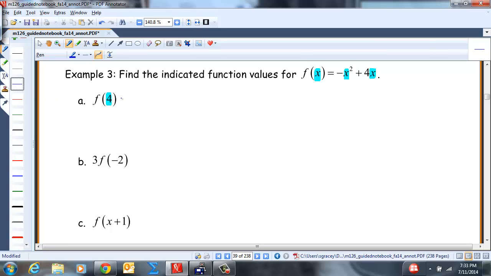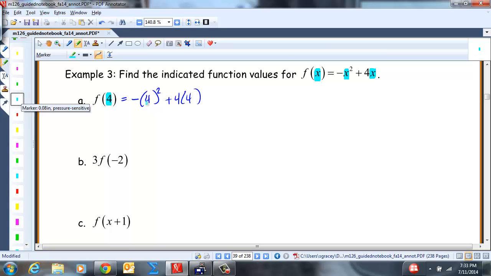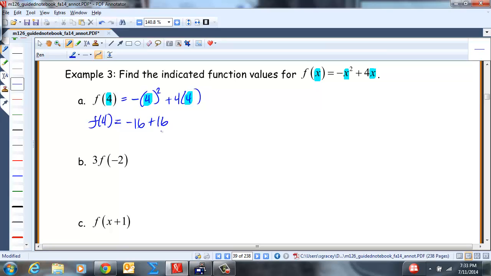So this will literally be negative 4 squared plus 4 times 4. So the input value is 4, which I highlighted. So f at 4 is the opposite of 16 plus 16, which gives us an end result of 0. So f at 4 is 0.